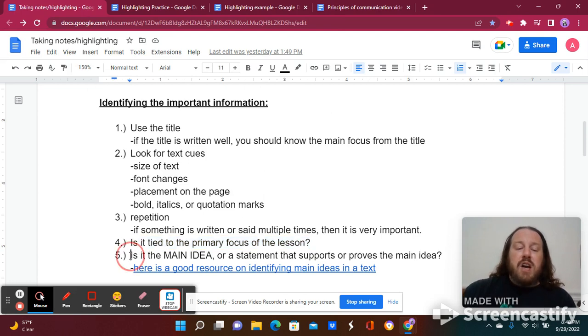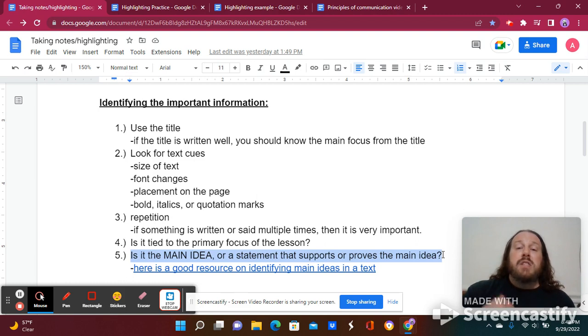Are you looking at the main idea, or a statement that supports or proves the main idea? Those are important distinctions. There's a tendency to want to have everything that's tied to the main idea highlighted. No. Just stick with writing down or highlighting the main ideas.